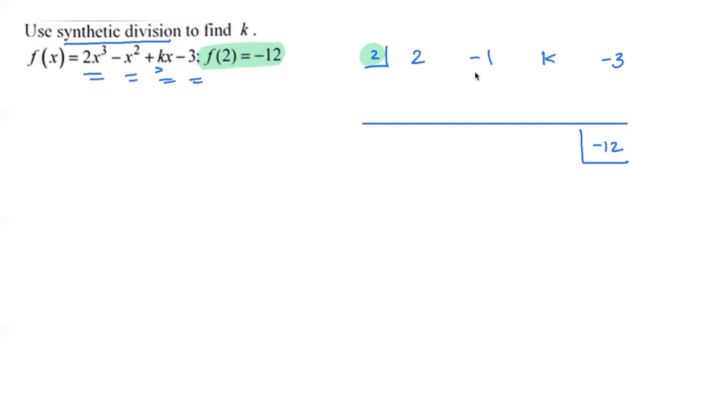So we just go ahead and do the synthetic division as usual. We bring the 2 down, and then 2 times 2 is equal to 4. And then negative 1 plus 4 is 3.